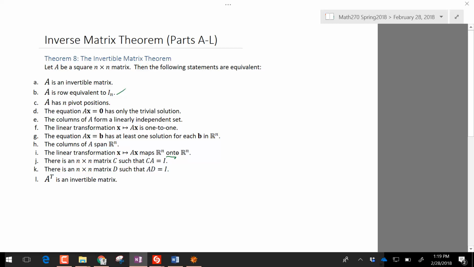We didn't talk about one-to-one and onto, huh? All right, forget it. The equation Ax equals b has at least one solution. The columns span all of R^n. If it's all linearly independent, there are n vectors, so it's going to span all of R^n. The linear transformation is onto.